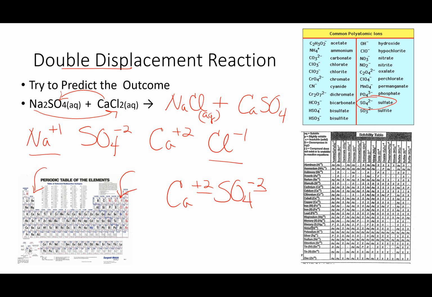Calcium sulfate, calcium is here. Sulfate is way the heck down here someplace. Calcium sulfate is going to be a solid, and that's going to be the solid precipitate produced when this double displacement reaction occurs. And that, my friend, are double displacement reactions.